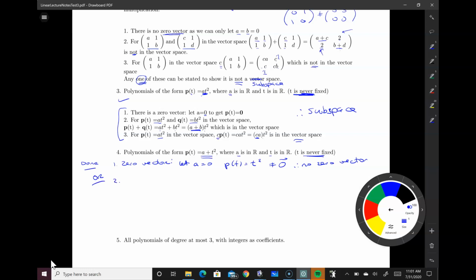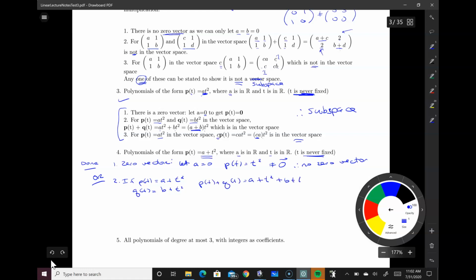So if I take two polynomials, p of t, a plus t squared, and it'd be your job to make up a q of t, and you'd have to use a different letter, so b plus t squared. Does it work that if I add these two together I stay in this space?